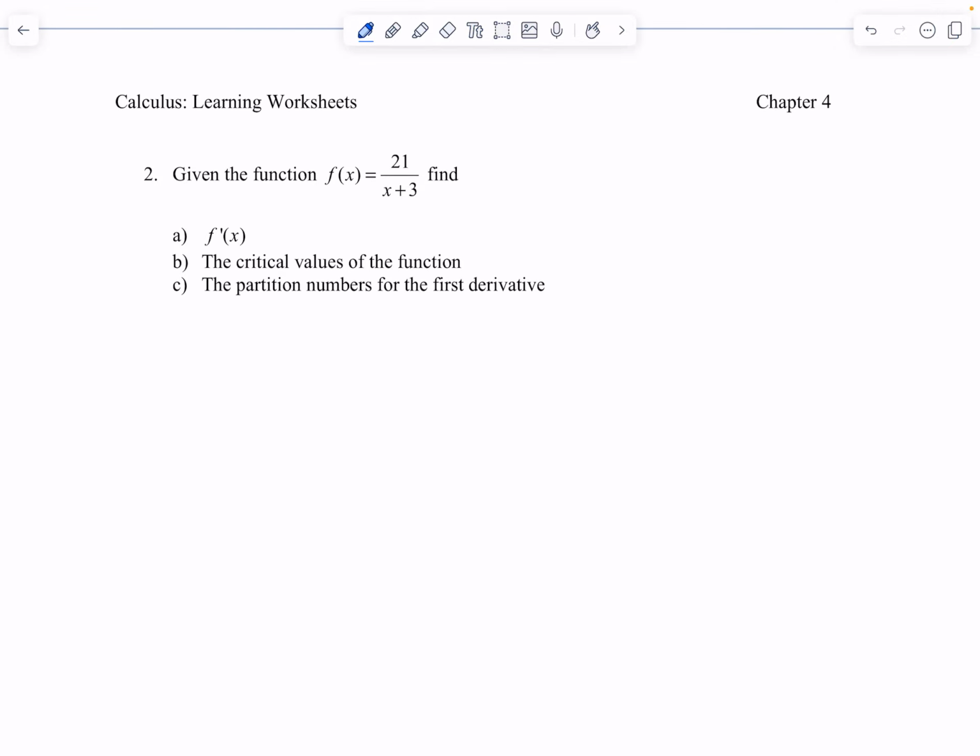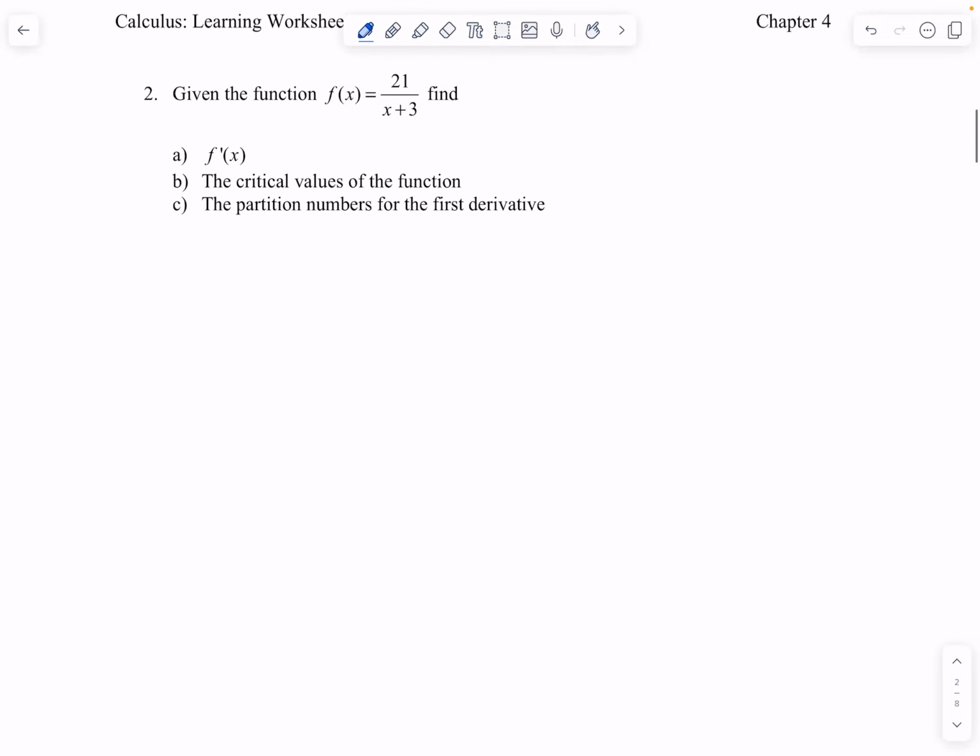Given the function f of x equals 21 over x plus 3, find f prime of x, the critical values of the function, and the partition numbers for the first derivative. So let's first do f prime.